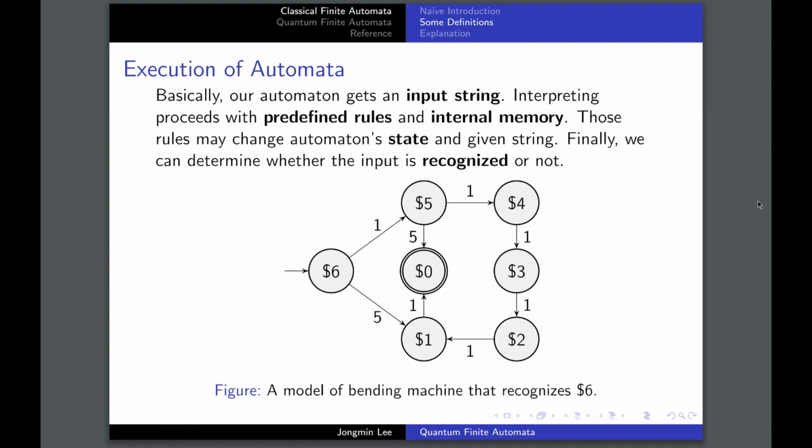This is an example of a deterministic automaton, since if we put $1, then it must go to $5, not 4 or 3 or stay at itself. So this is an example of a deterministic finite automaton.